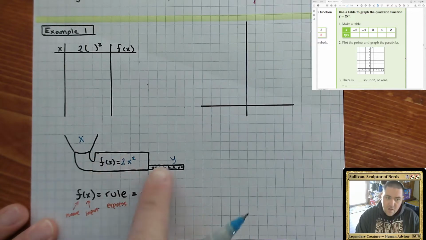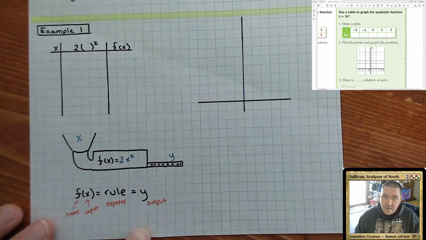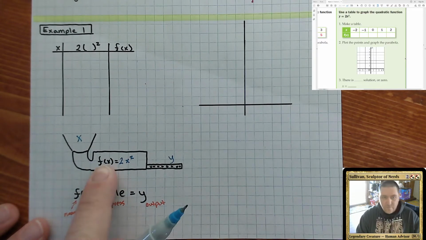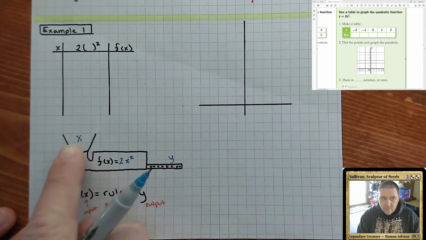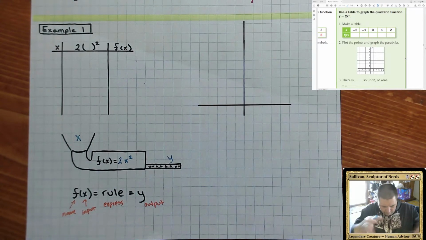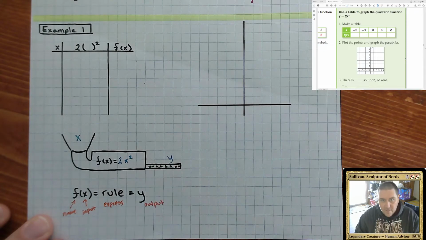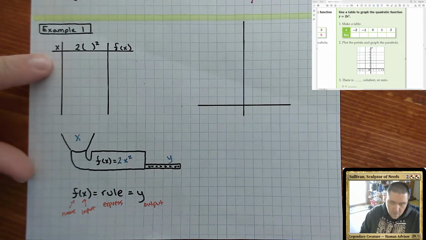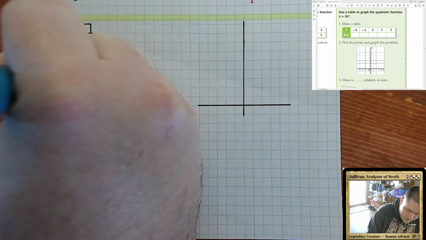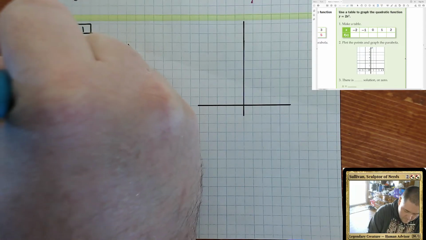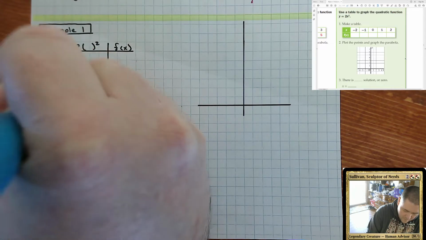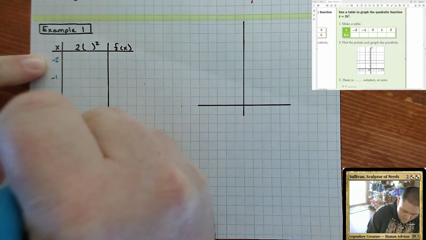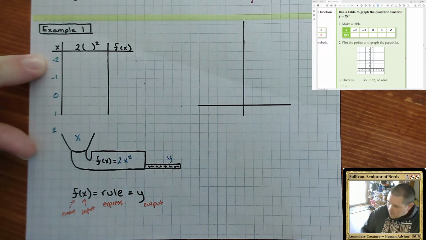I like the function machine analogy because it's that idea of, look, this is the chicken nugget machine. Take a chicken, throw it in, spits out chicken nuggets. Like that is its purpose. So what they give us is -2, -1, 0, 1, 2. I didn't make my lines big enough.